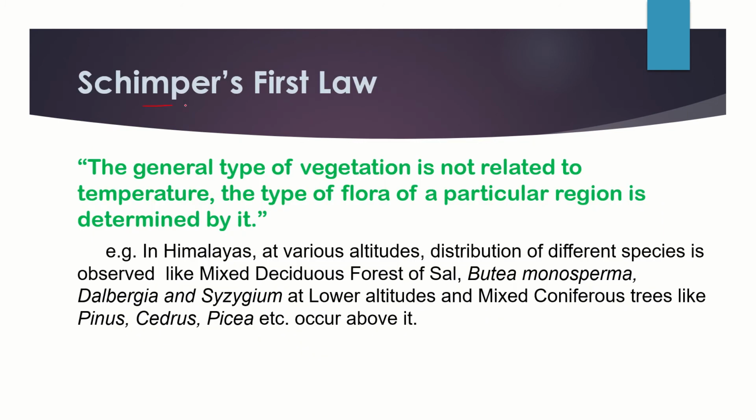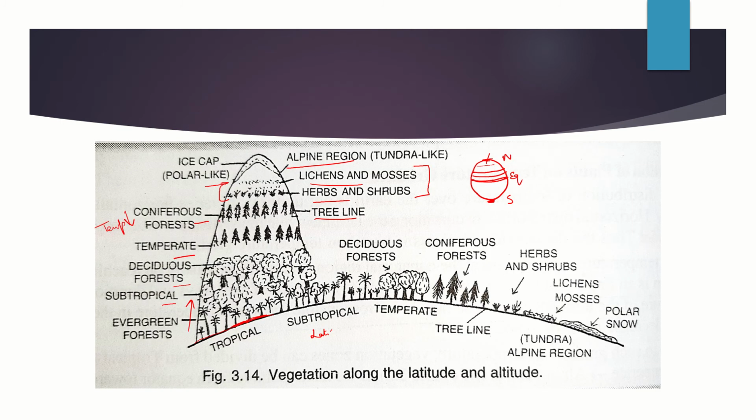Now, related to the temperature factor, we have Schimper's first law. You have to memorize it. It states that the general type of vegetation is not related to temperature. The type of flora of a particular region is determined by it. Meaning what? See, we take the example of this figure.